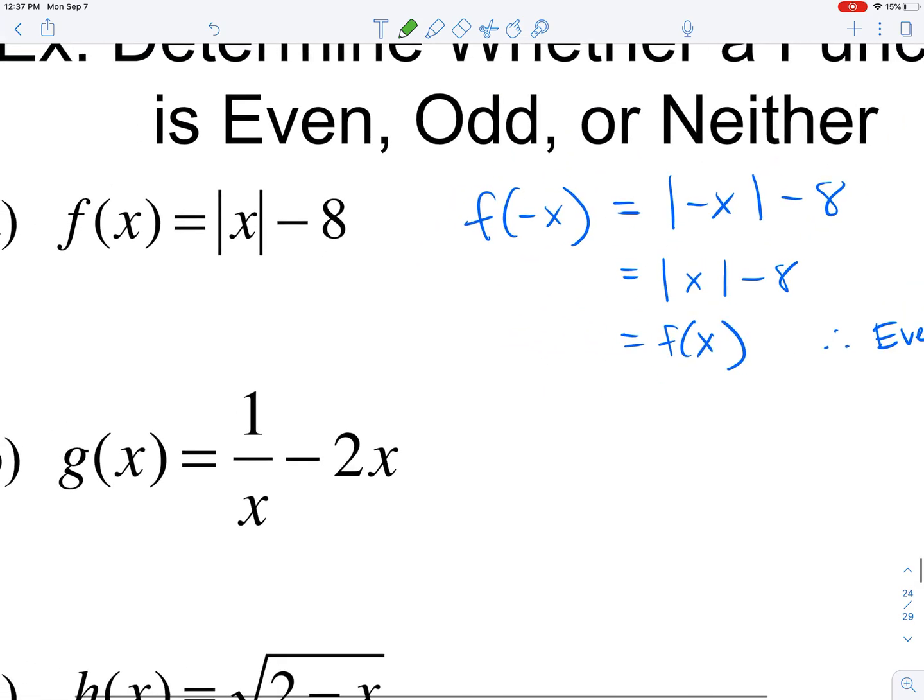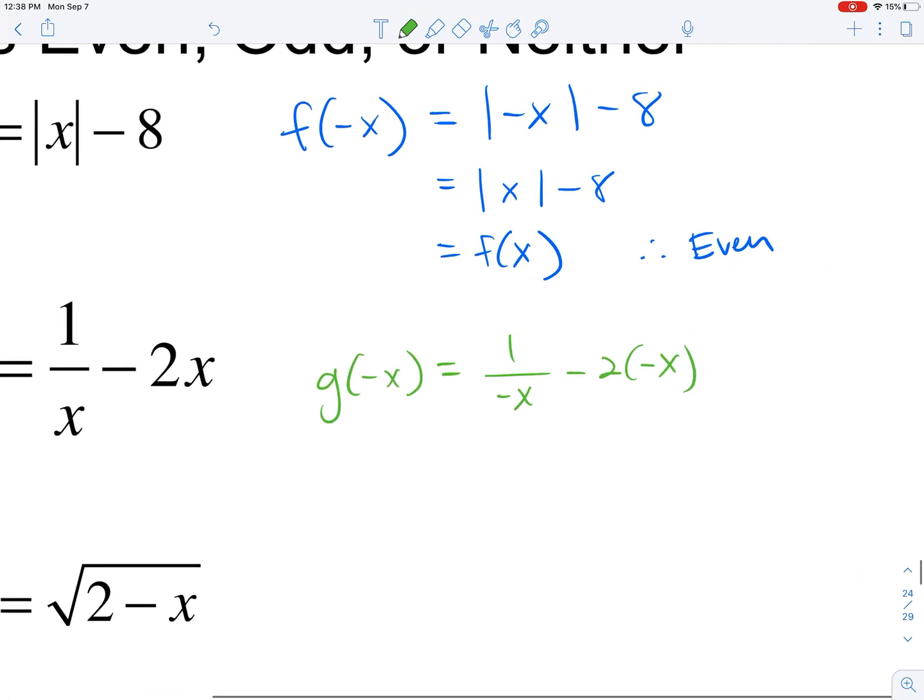Okay, so let's see about the next function. So we're going to evaluate the function g at negative x. So if we simplify that, we would have negative 1 over x plus 2x. Notice that each term here has the opposite sign in front of it as our original function.